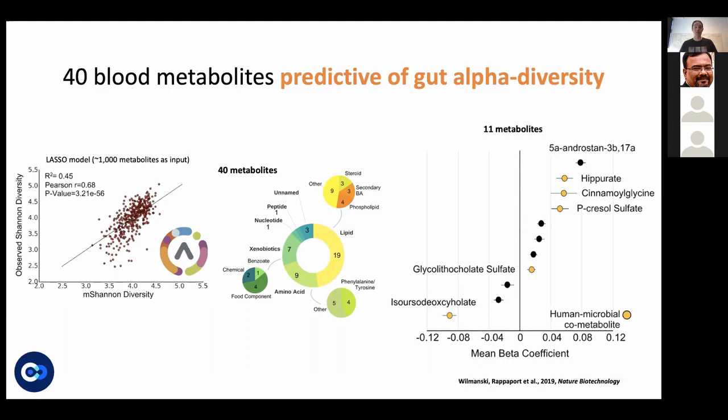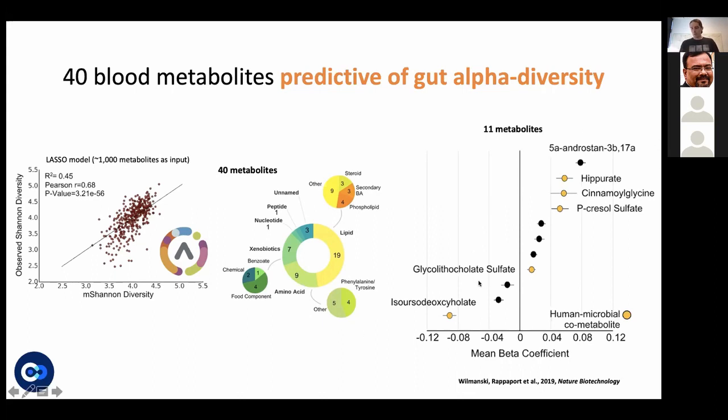So it was a 40 metabolite model. Most of them were lipids, but you also saw amino acid derivatives and xenobiotics and steroids and things like that. The 11 metabolites that were most consistently associated with alpha diversity across all the different cross-validations and validation cohorts was this set here.